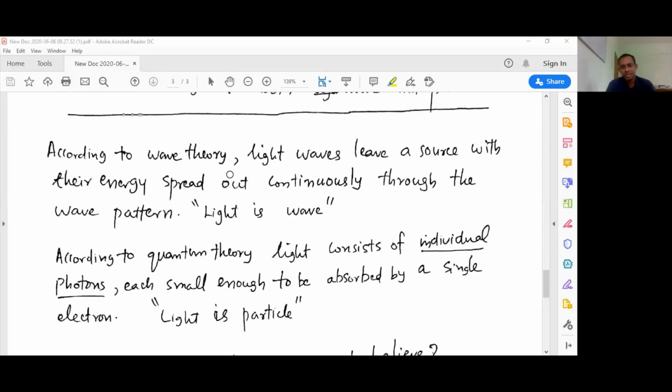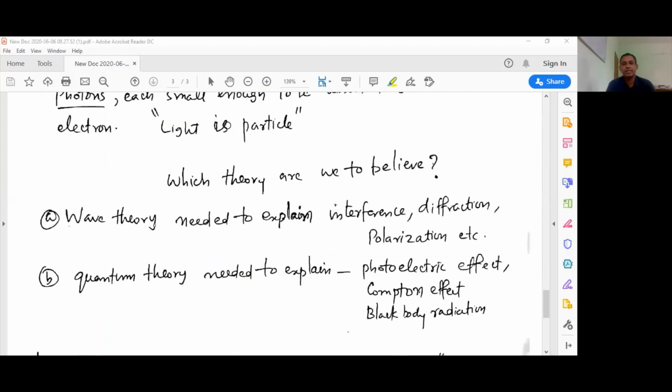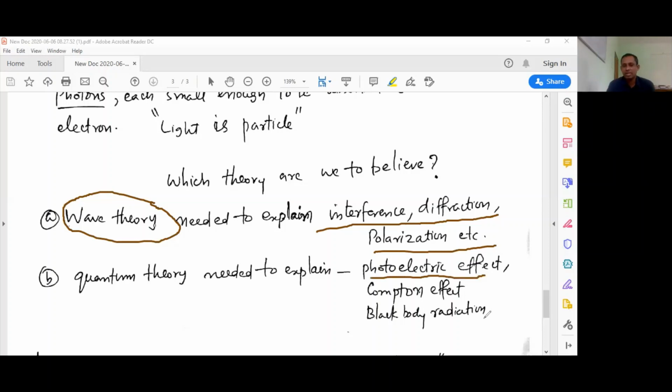We need wave theory to explain effects like interference, diffraction, polarization, etc. That can be explained only by using wave theory. But to explain some other effects like the photoelectric effect, the black body spectrum or the Compton effect, we need quantum theory, where we consider light as a particle.